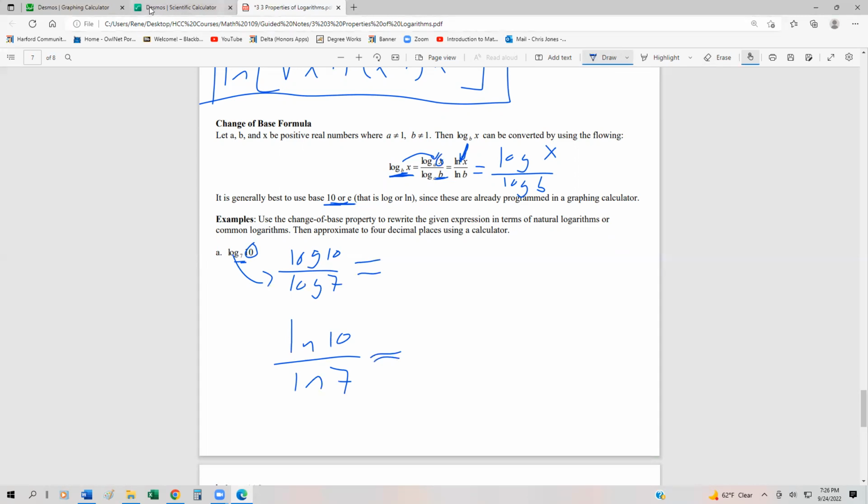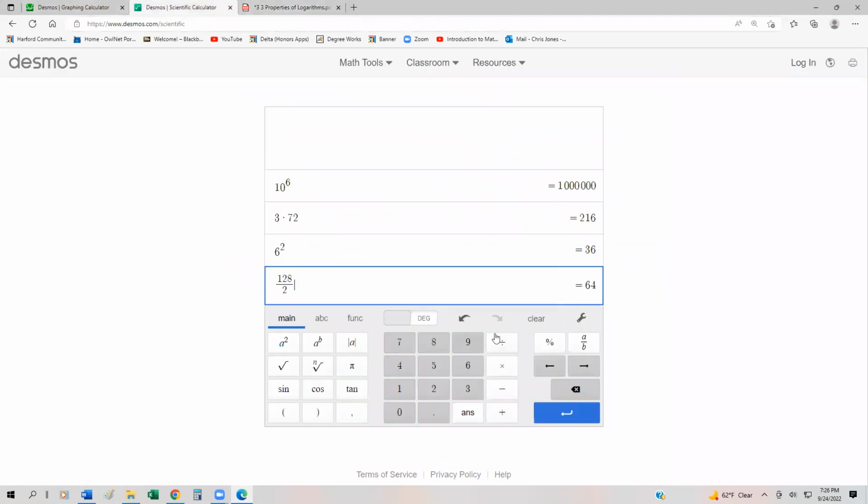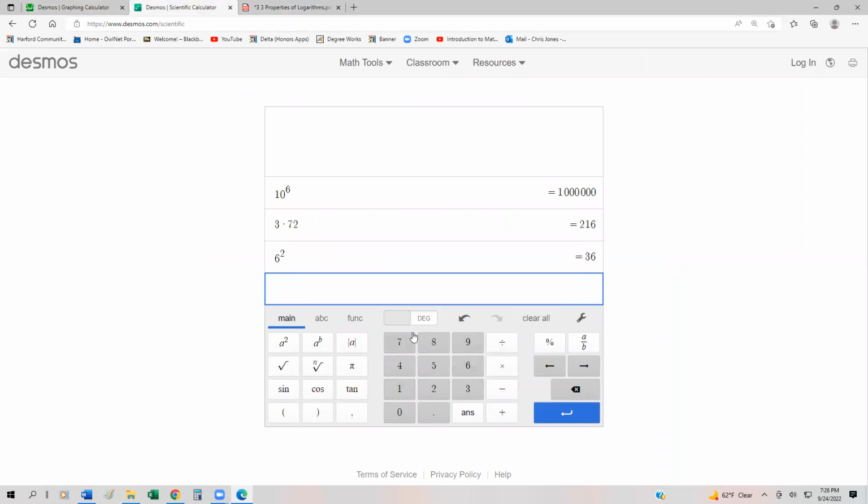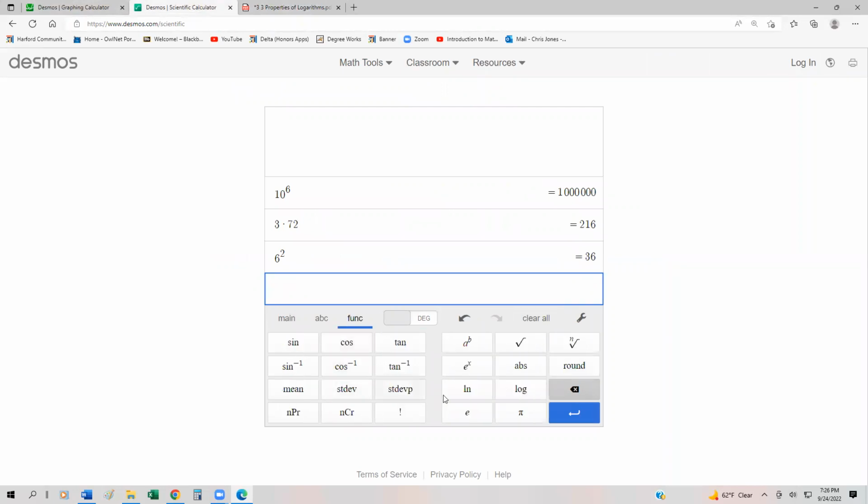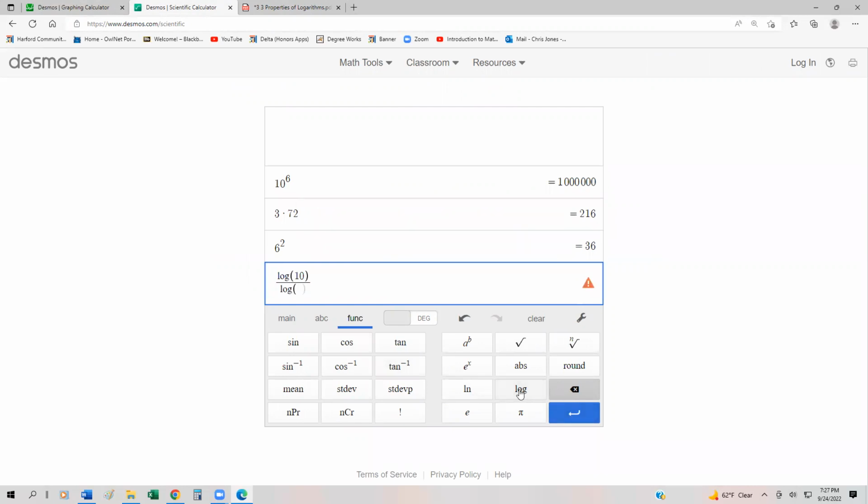Let's see if we get the same approximation to 4 decimal places. In our scientific calculator, I'm going to have log of 10, and I'm going to divide that by log of 7.